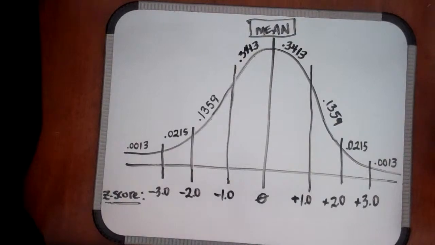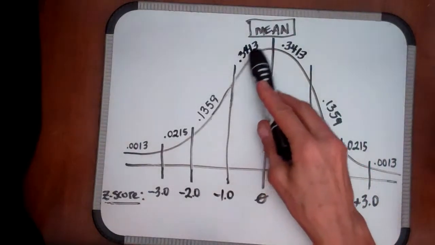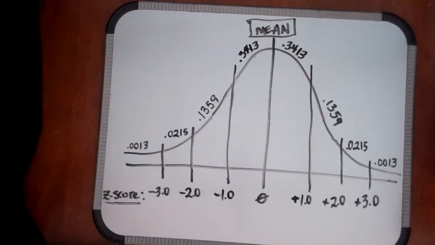So if you want to know what proportion of the population is likely to achieve a z-score between minus 1.0 and plus 1.0, you add together these two segment values, right?